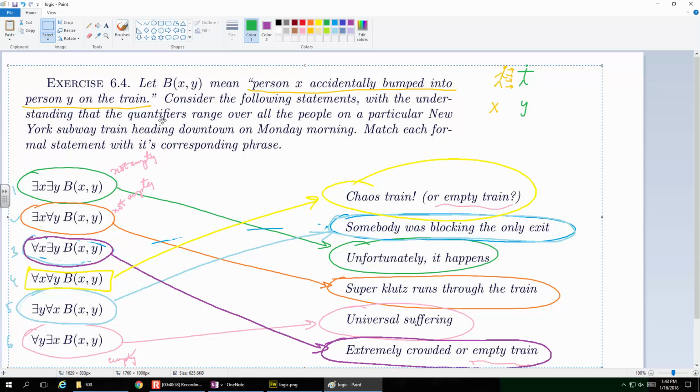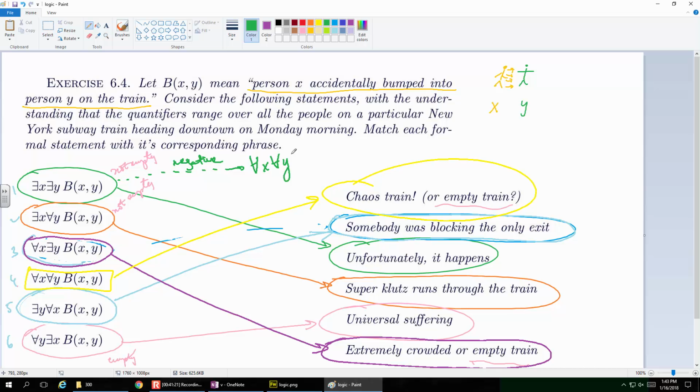Okay, so can you have a negative of this? For any negative X, there's no Y, negative Y. No, for any. Once again, you flip both of them. Both of them, there is, and there is. Flip them both to for any, and then negate the statement itself.